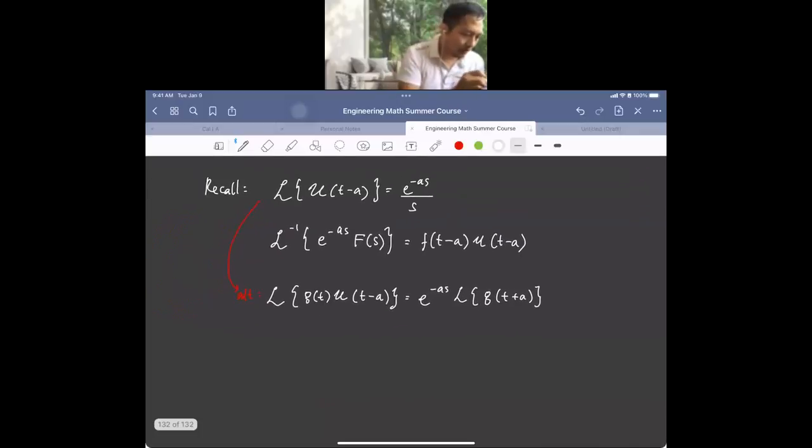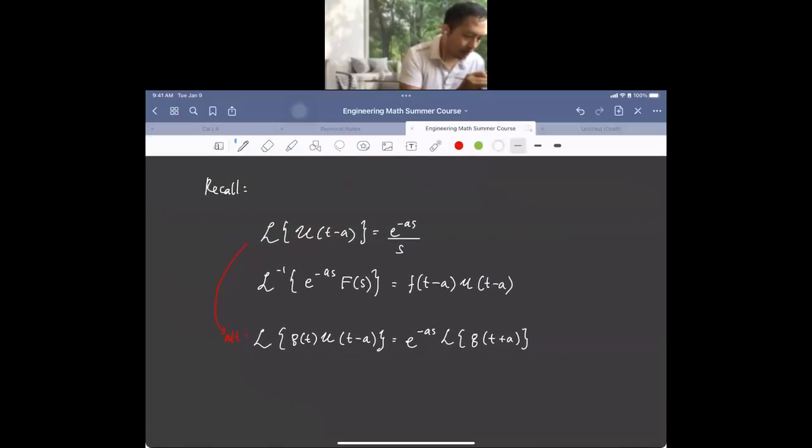Or I forgot the first one, right here: Laplace of f of t minus a times Heaviside t minus a equals e to the minus as times F of s. Okay, the first one, and then we can inverse, making this.